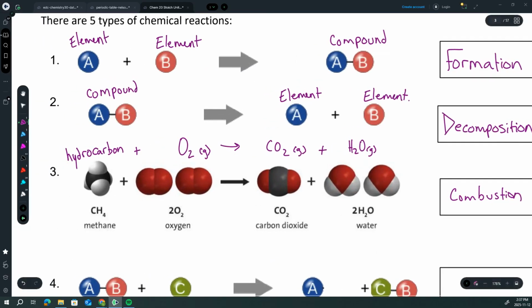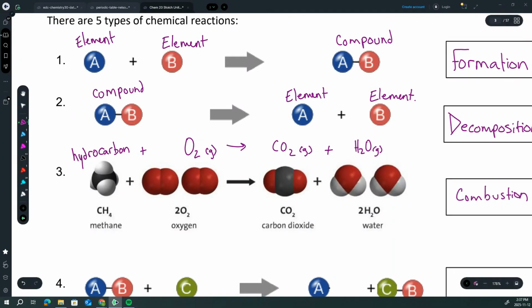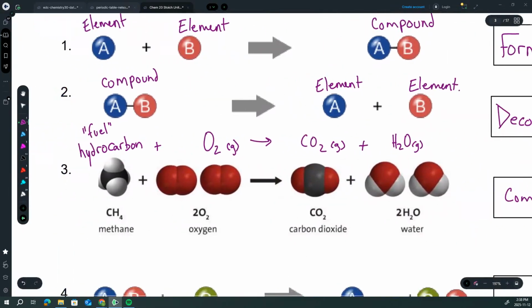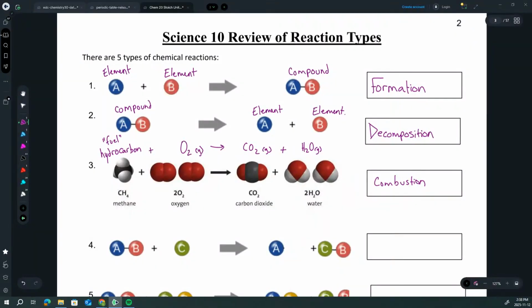But essentially, in combustion reactions, you have some type of fuel reacting with oxygen, and you usually get two products, the oxides of any elements in the fuel. I'm just saying that to make it even more generalized, but we will get into further detail on combustion reactions later.